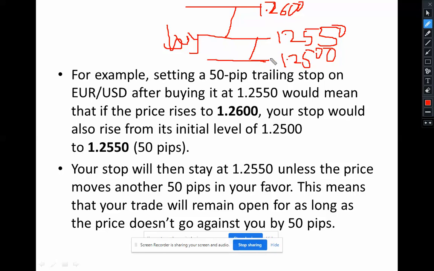So from 1.2500 to 1.2550, your stop loss also will rise from here to here. So that is how trailing stop loss works.